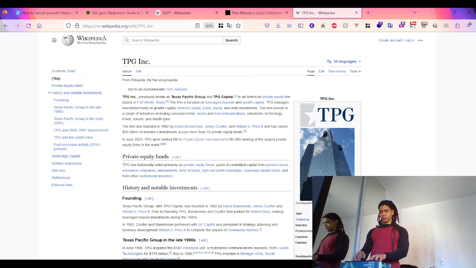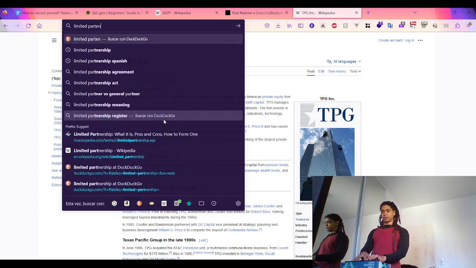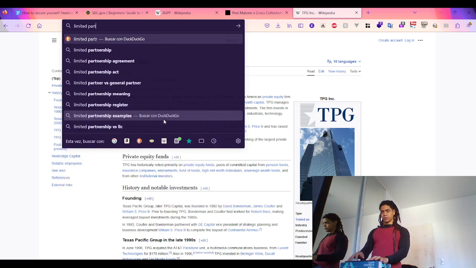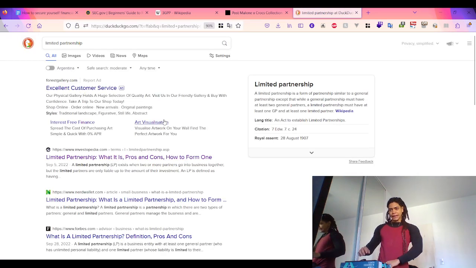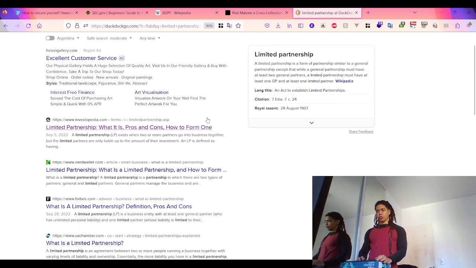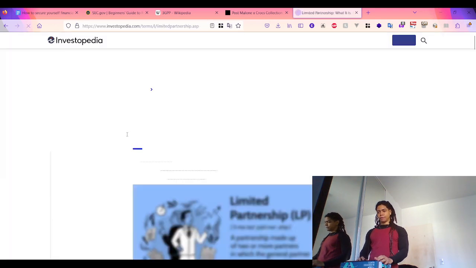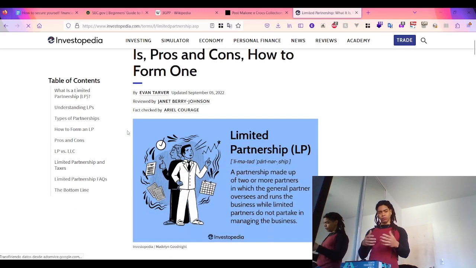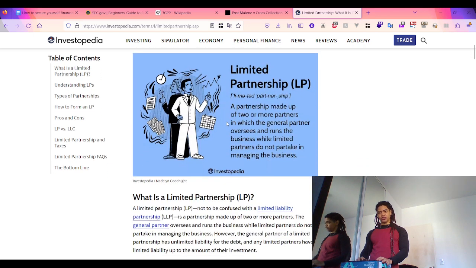Limited partnership, where an investor or a company purchases a significant amount of stakes in return for the partnership's management decisions and ownership.